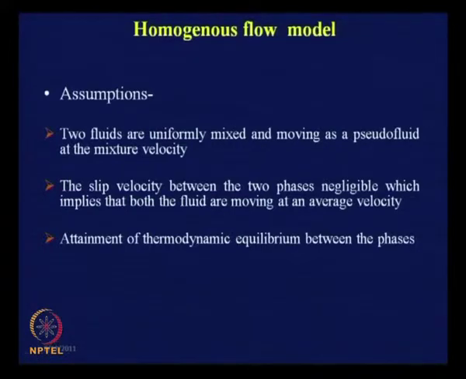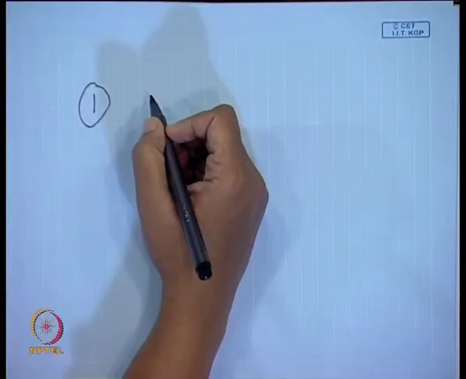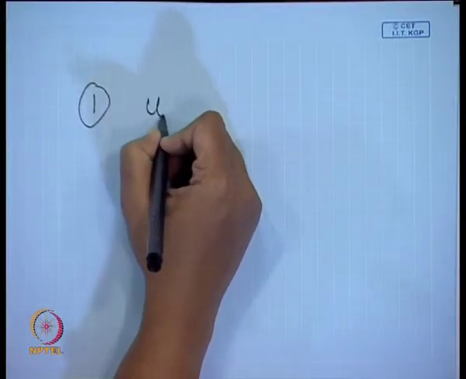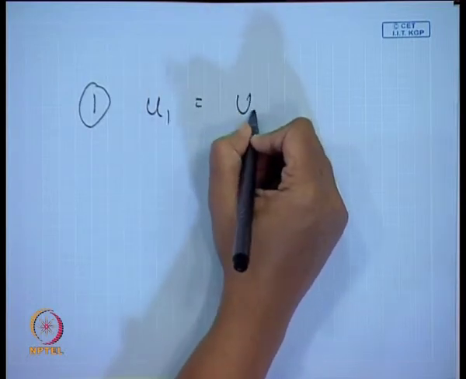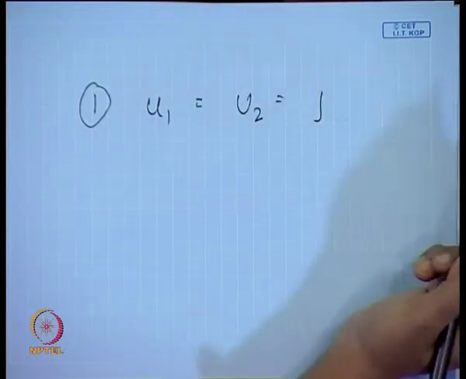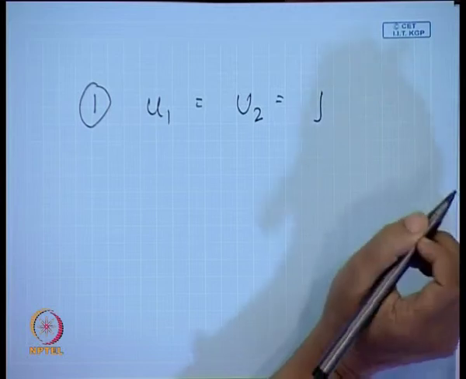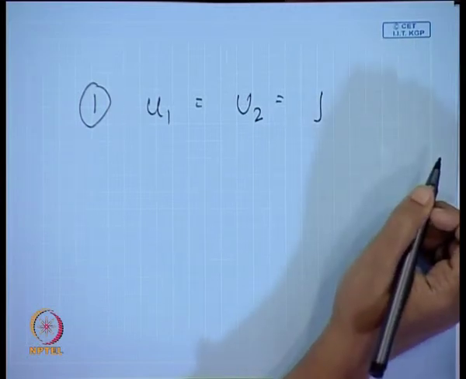The first thing it implies is that the two fluids are moving at the same velocity, which is the mixture velocity. In other words, u1 equals u2 equals j. Agreed? This is the first thing that it implies.